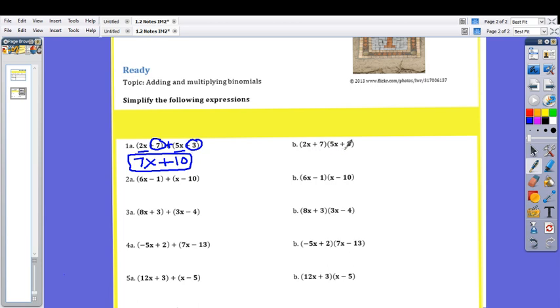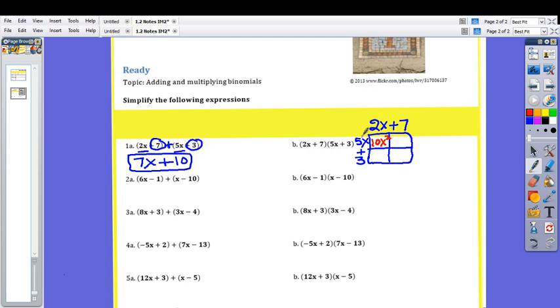When you are multiplying two binomials, there are so many ways, but the one that we learned in math 1 is you use the box and then you multiply. So if you put 2x here and 7 here, 5x here and 3 here, then when you multiply, 5x times 2x will give you, so 5 times 2 is 10, and then x times x is x squared.